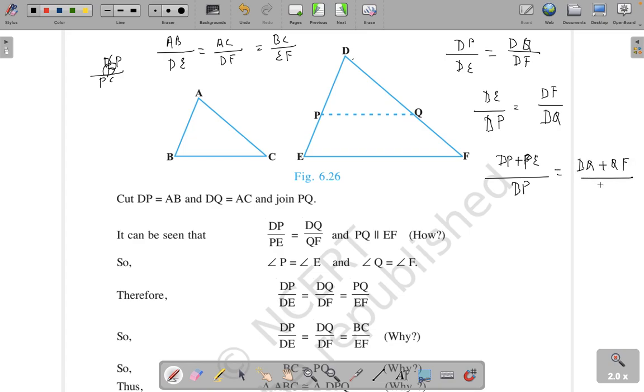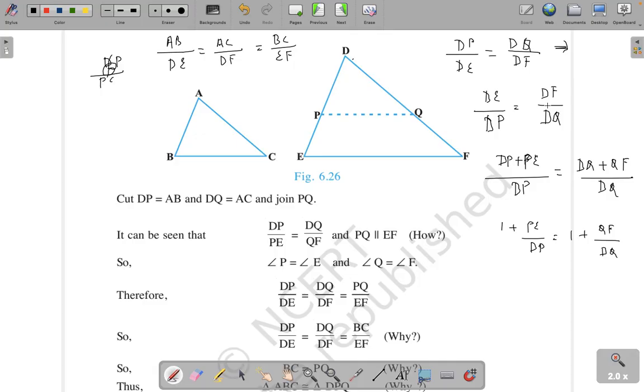So DQ plus QF upon DQ. If you expand this further, you'll get 1 plus PE upon DP is equal to 1 plus QF upon DQ. 1 and 1 get cancelled, so you'll get PE upon DP, or DP upon PE equals DQ upon QF. So this also means BPT applies.